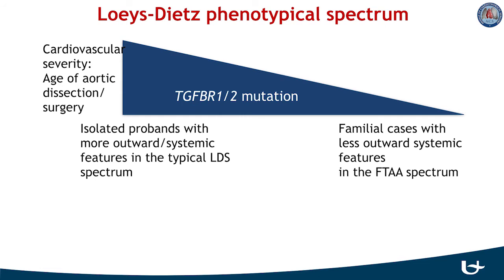Since the initial discovery of TGF-beta receptor 1 and 2 gene underlying Loeys-Dietz syndrome, a wide spectrum of disease has been recognized. At present, we see different clinical phenotypes at the extreme ends of the spectrum.